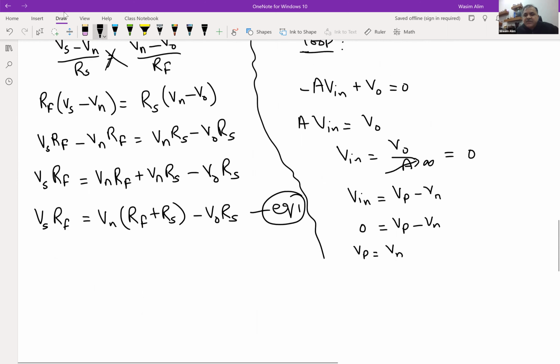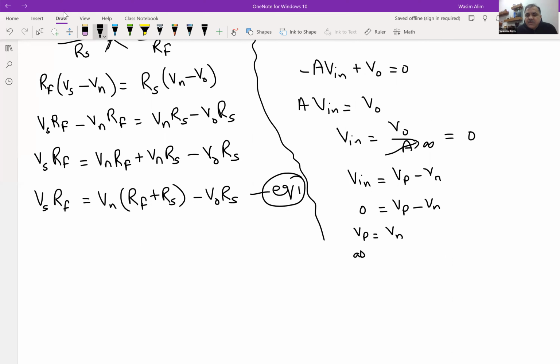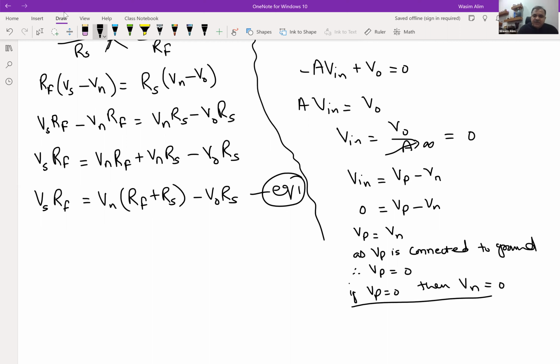So what we can then say is that if VP is equal to 0, then Vn is also equal to 0. So that's a very important constraint in terms of ideal op-amp analysis.